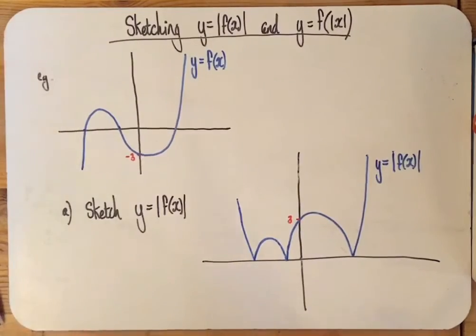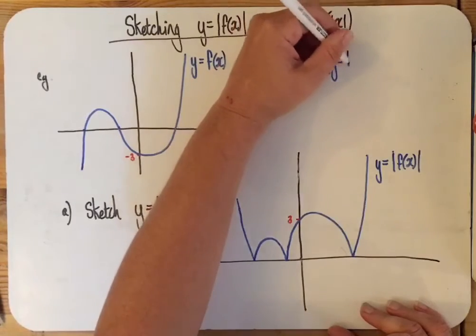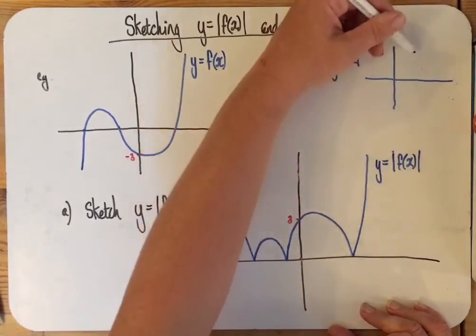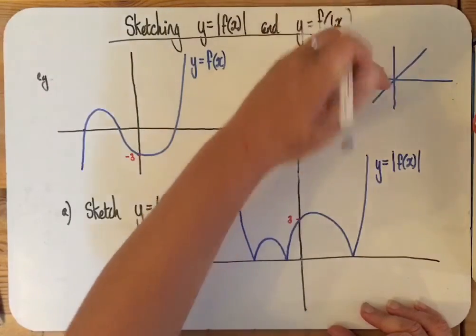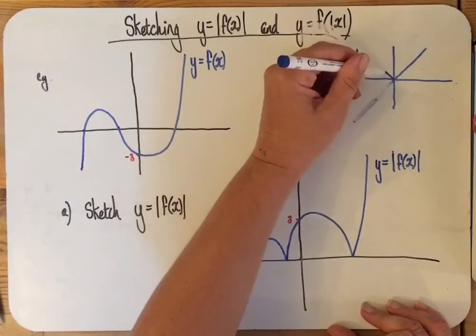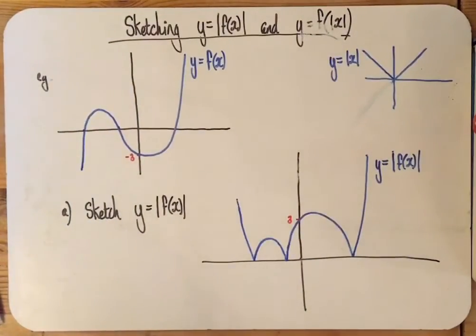If you think about it, this is the same as when you sketch y equals the modulus of x. You start with y equals x, and then anything below the x-axis gets reflected in the x-axis. So you've sort of been doing that, but in a different way with the linear sketches.